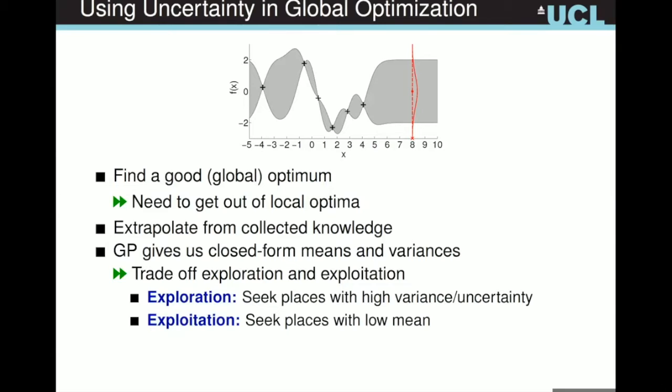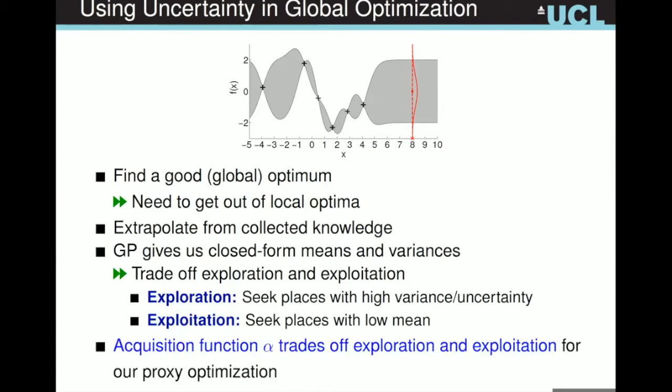So exploration, look at places with high uncertainty, and exploitation, look at places that have a low mean, is something that we need to be trading off. That is exactly where acquisition functions come into play. We denote them by alpha. They trade off exploration and exploitation for our proxy optimization.